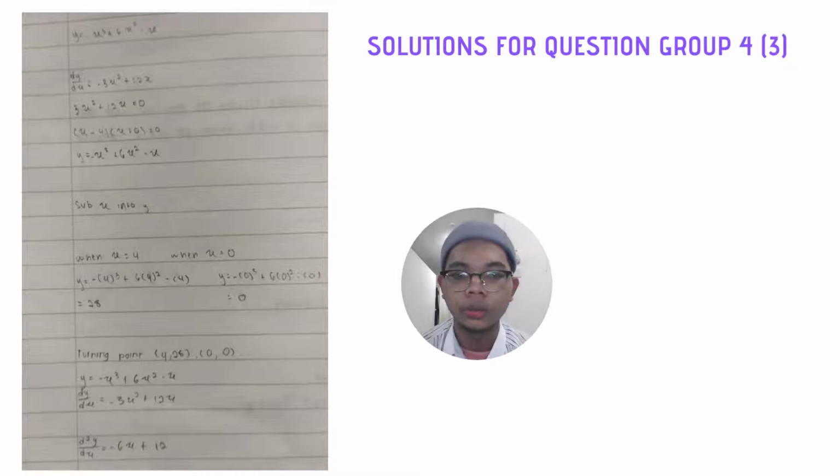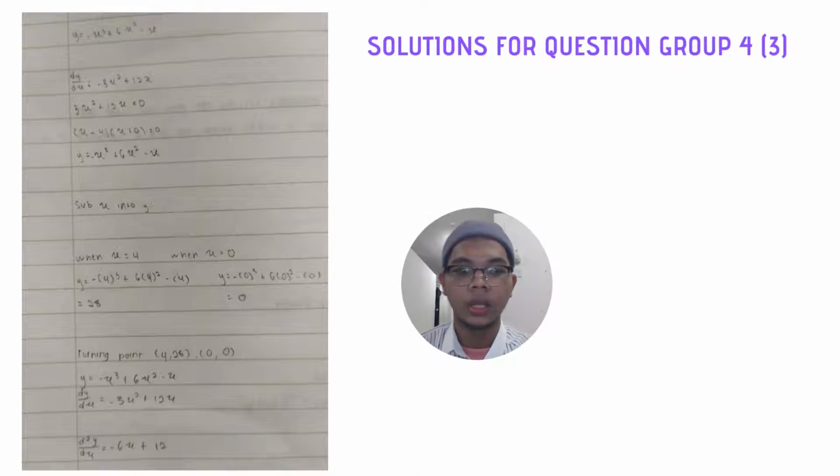So next, we are going to substitute x into y, when x is 4 and when x is equal to 0. When x is 4, y equals negative (4) cubed plus 6(4) squared minus (4). So the answer is 28.